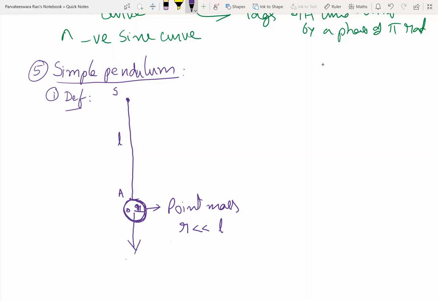Then the weight is mg. The tension in the thread will be acting towards the point of support. So at this position O, T minus mg will be equal to 0. So the net tension is 0. Hence, we call it a tensionless thread.